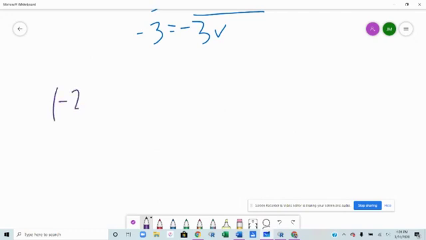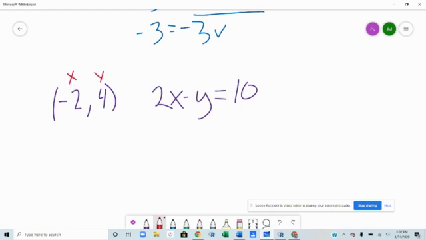Does the coordinate point -2, 4 make the equation 2x minus y equals 10 true? Same thing, take your x value and your y value and plug them in. We've got 2 times -2 minus 4 equals 10. So 2 times the x value minus the y value.